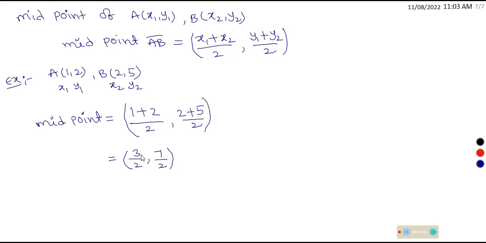Such simple problems they won't ask; they will ask like this. We will see one problem based on midpoint. Here he asked one question in exercise 7.2, question number 4.